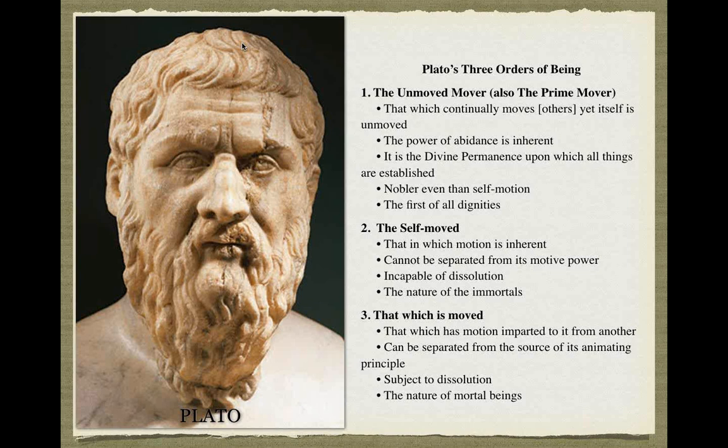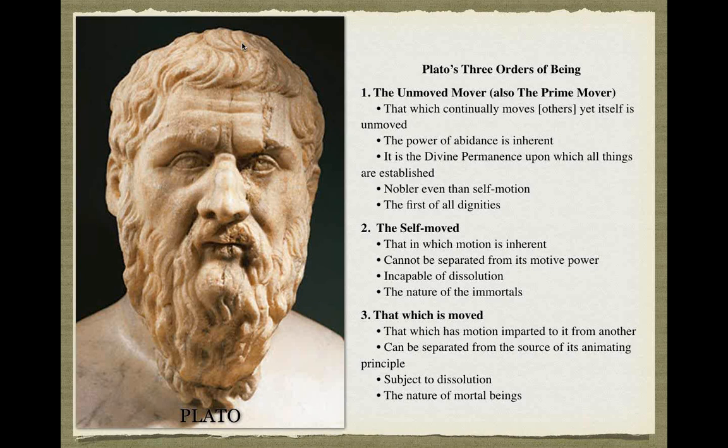It's unmoved. So if mind is that nature of motion, then this unmoved mover is itself beyond mind, which is in keeping with what we've read in the Secret Doctrine.